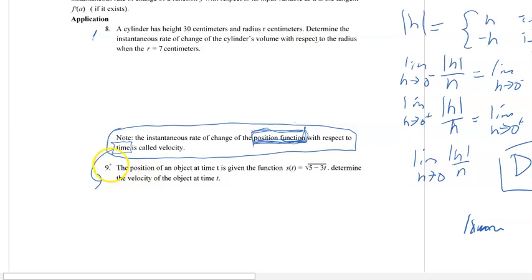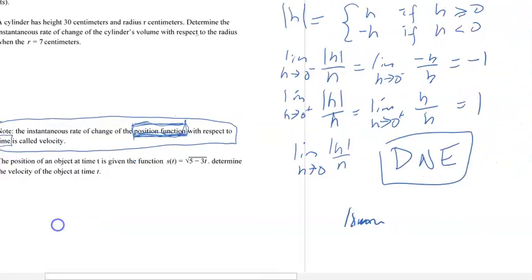Let's do this example. The position of an object at time t is given by the function s of t equal to radical 5 minus 3t. Determine the velocity of the object at time t. Again, we said that our velocity was the derivative of our position function.